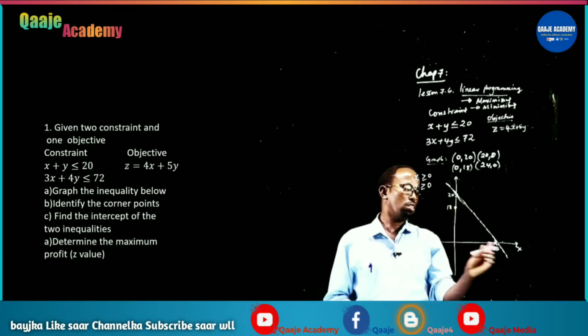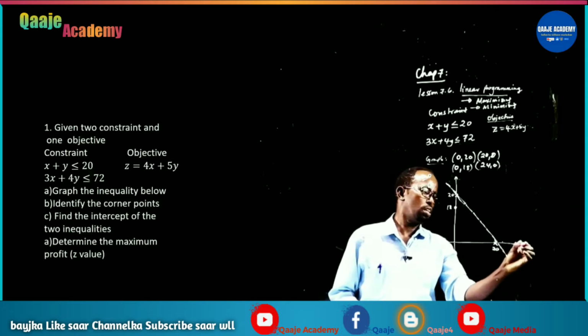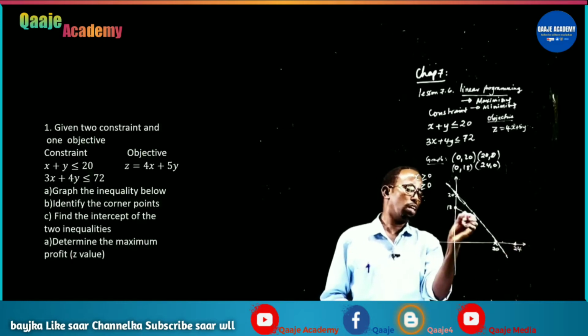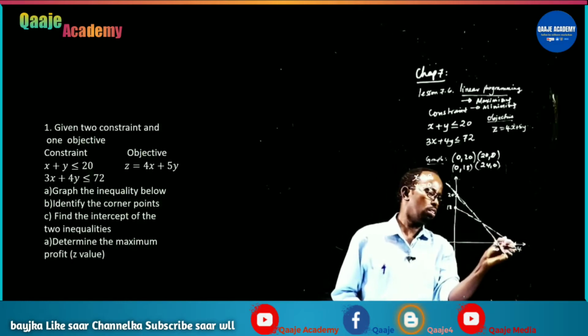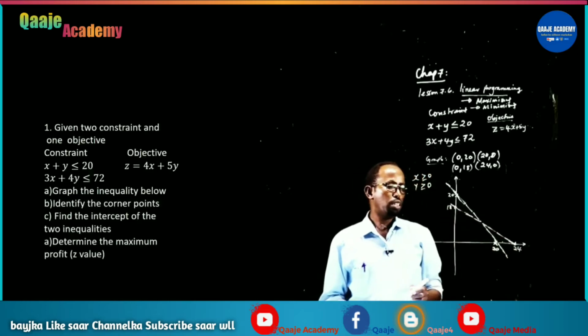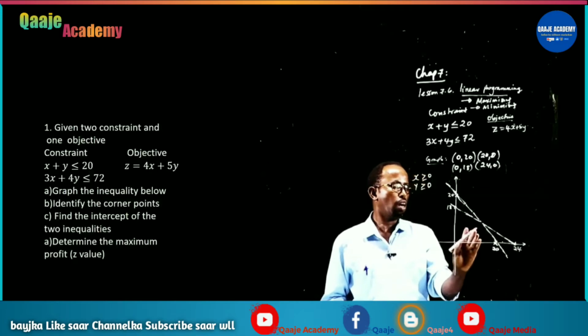And then the next one is 24, 0. Assume this is where 24 is. Then again, a solid line. So we will be shading the unwanted region.